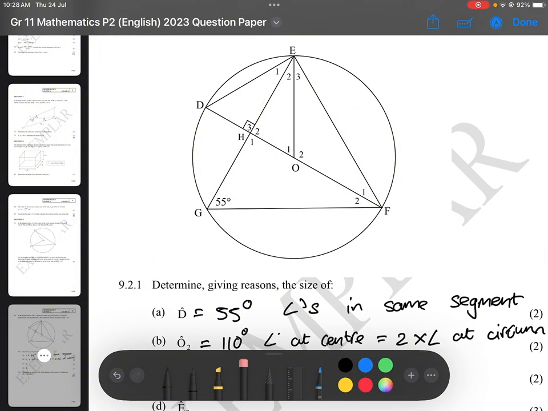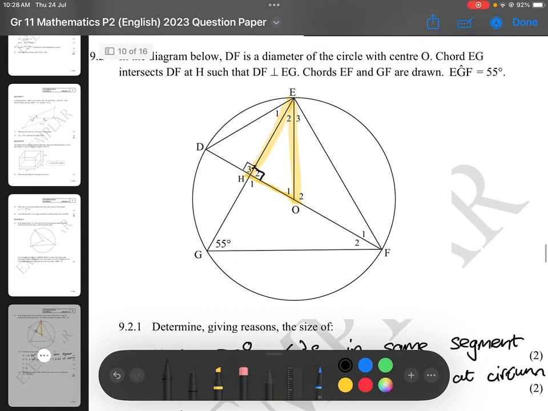So if I look at this triangle, EHO, I know that H2 is 90 degrees because they tell us that the DF is perpendicular to EG, so H3 and H2 have to be 90 degrees.